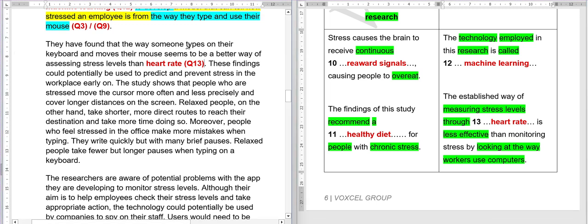Here they're saying that they have found that the way someone types and moves their mouse is a better way of assessing stress levels than heart rate. So this is another method. Someone types on their computer and uses their mouse. So it is a better way of assessing stress levels than monitoring heart rate. I hope it is clear.